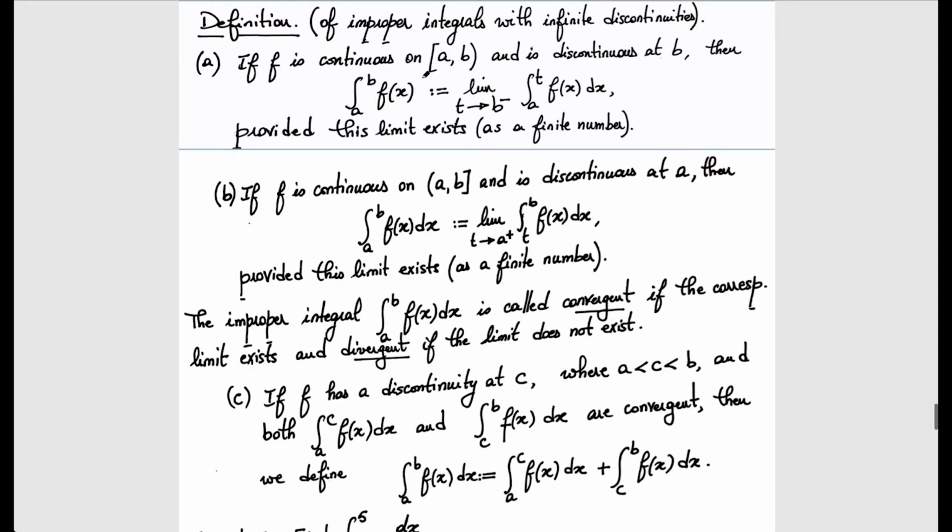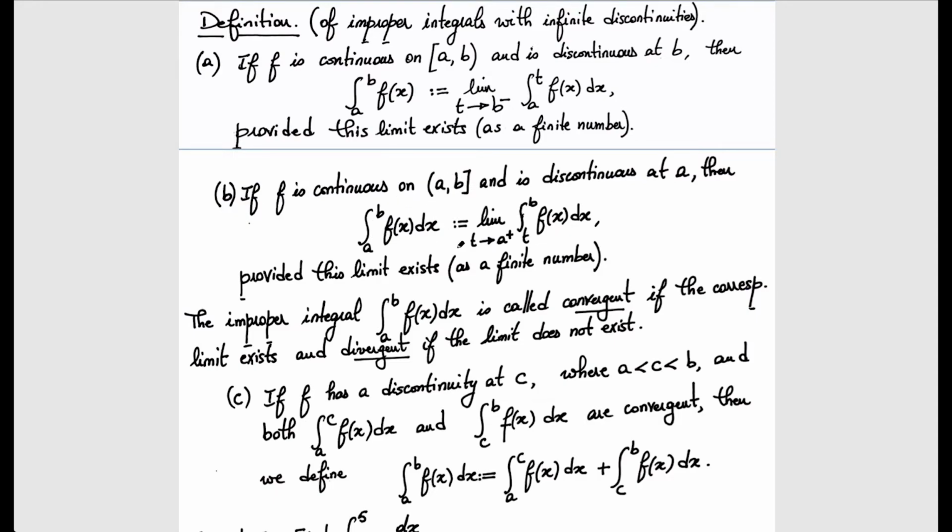If the function f is continuous on [a, b) and is discontinuous at b, any type of discontinuity, so we discussed the infinite discontinuity, but it can be any type of discontinuity, then the integral from a to b of f of x is defined to be the limit as t approaches b from the left of the integral from a to t of f of x dx, provided this limit on the right side actually exists as a finite number, as discussed above. Similarly, we're going to define it if we have a discontinuity at the lower bound a.